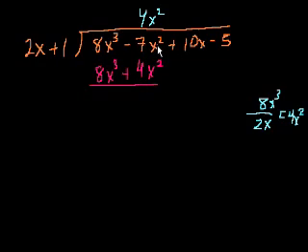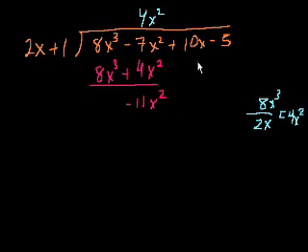Minus 7x squared minus 4x squared is minus 11x squared, and 8x to the third minus 8x to the third is 0, so we can ignore that. If we want, we can bring down the rest of the number.